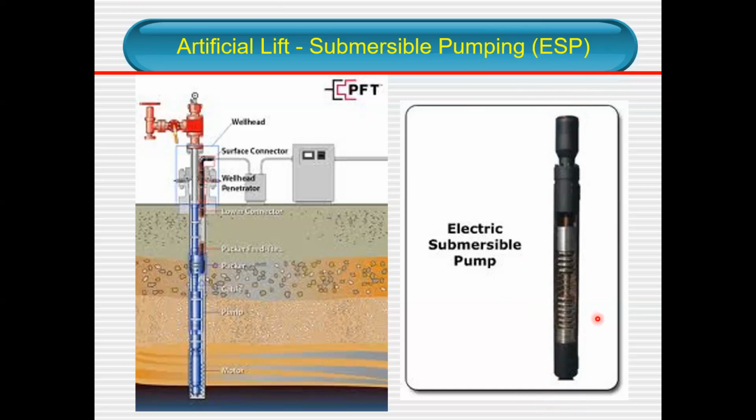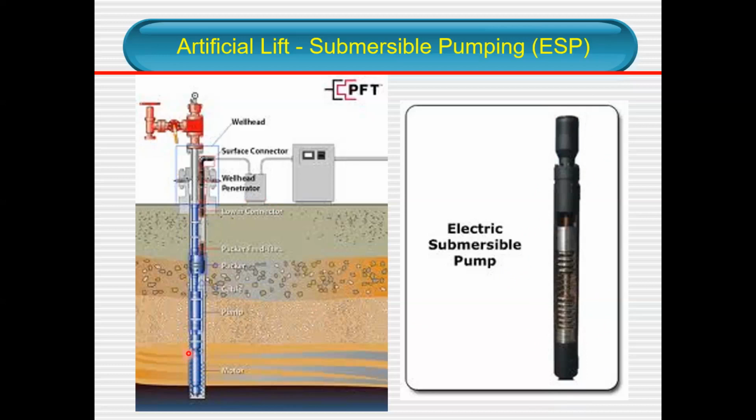You know how big the tubing is? It can be only 3 inch. So this pump must be less than 3 inch to fit into the tubing, because it goes almost to the bottom of the well, so that you can pump the crude oil to the surface.